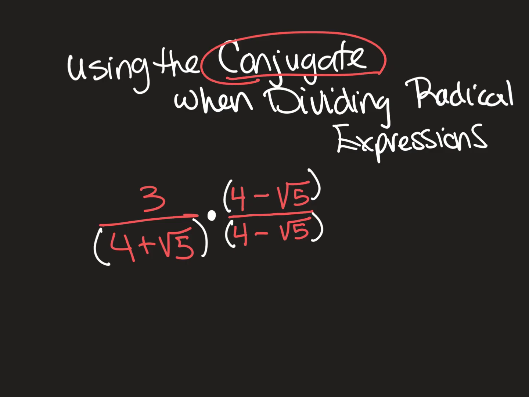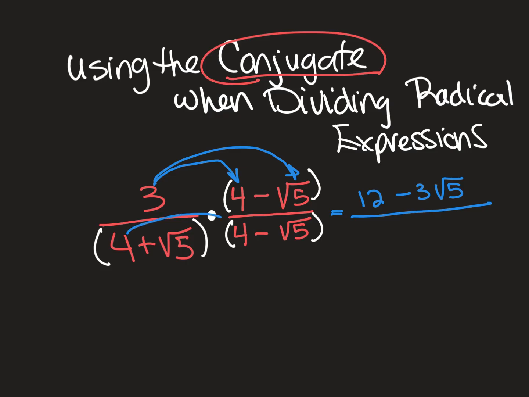Now I'm putting parentheses around it because I really want you to note that now it's like I'm distributing at the top. 3 times 4 is 12, and 3 times a negative square root of 5 is negative 3 square root of 5.